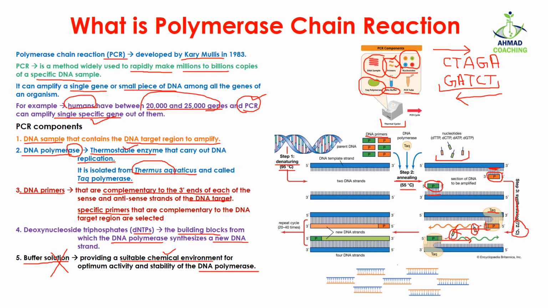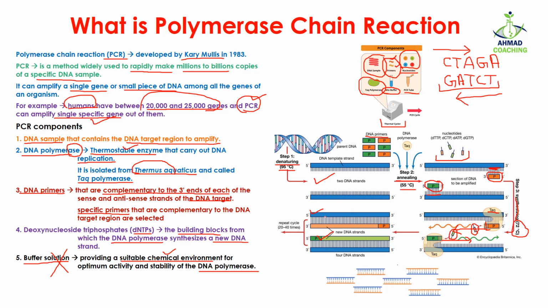We can see that they have been added, and as the process goes on, all the nucleotides are bound with the DNA strand, and this single-stranded DNA is converted into double-stranded DNA. So in the start, we had only one molecule of DNA. Now we have 2 molecules of DNA.